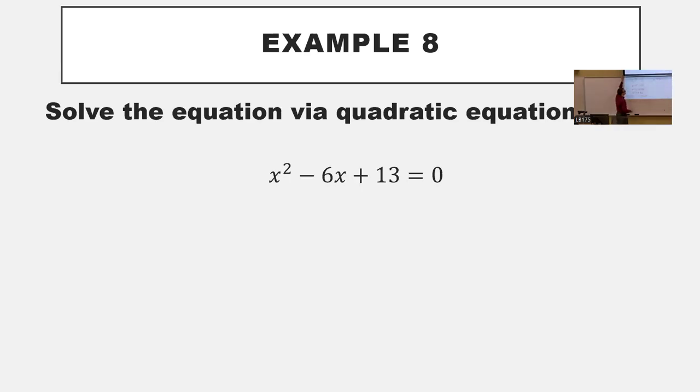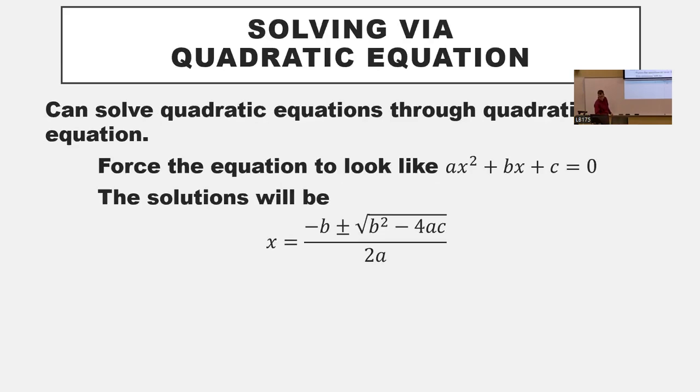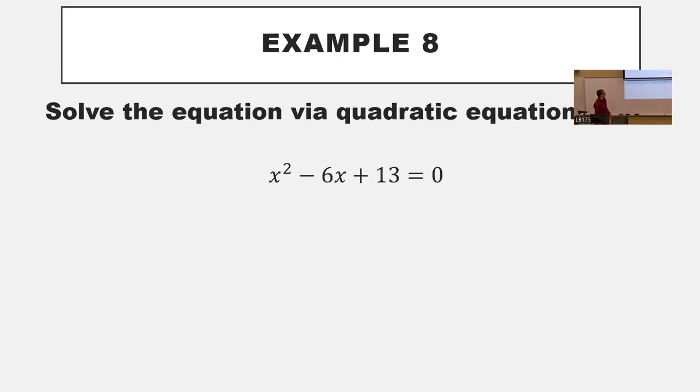So I'm going to take a look at this problem. X squared minus 6x plus 13 set equal to 0. We'll solve this using the quadratic formula. Instead of solve via the quadratic equation, it's the quadratic formula. Yeah, that's fine.